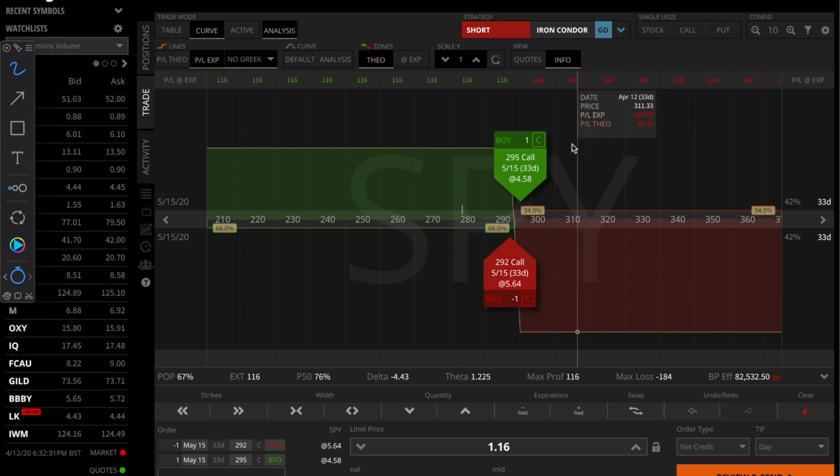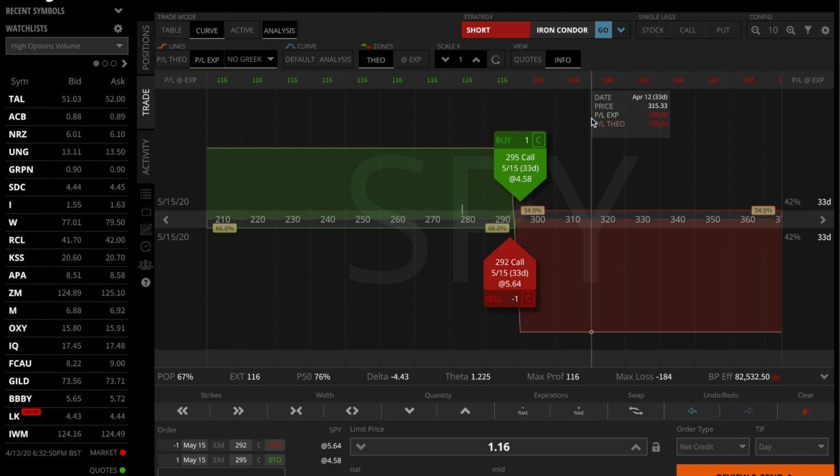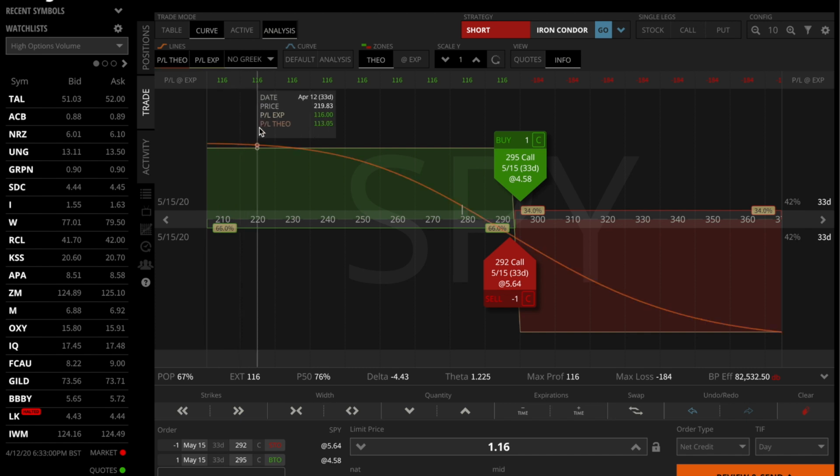And I think the very interesting thing is that you see there is a P&L theoretical here that is not the same as the P&L at expiration. The P&L at expiration shows the maximum we can lose at expiration. So the question is, what is the P&L theoretical? That is basically, today, if you are in the credit spread position right now, how is your profit and loss?